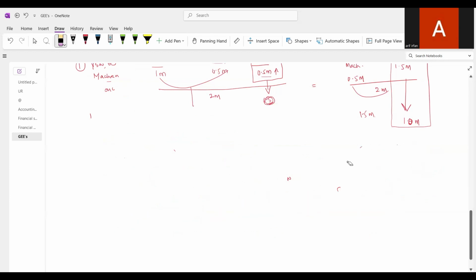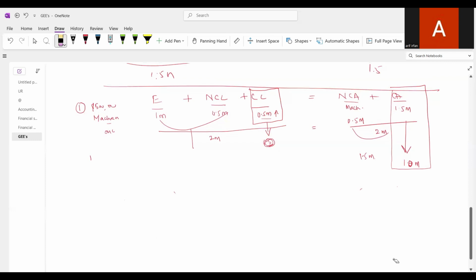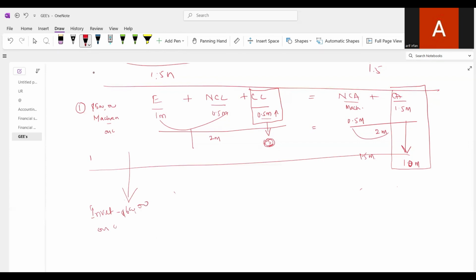So one more transaction, we will continue. One more transaction: we have purchased inventory of 600,000 on credit, payable in 4 months.